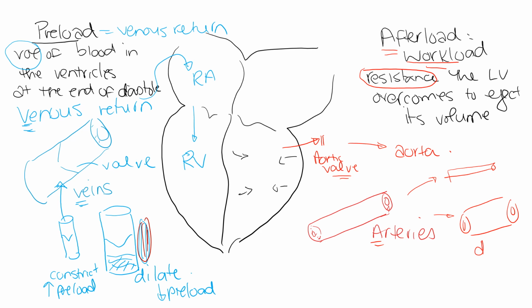When we look at an artery that is dilated versus one that's constricted, we want to look at resistance or workload. The way I always put this into perspective is to think about the different needles you have in clinical and the gauges of the needle, and try to push fluid through it and see the kind of resistance you would feel.